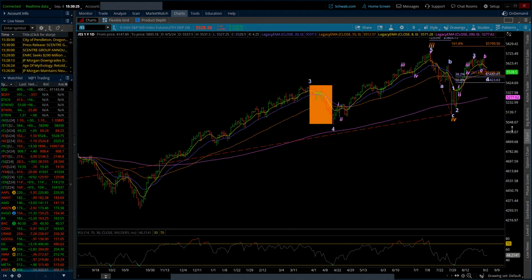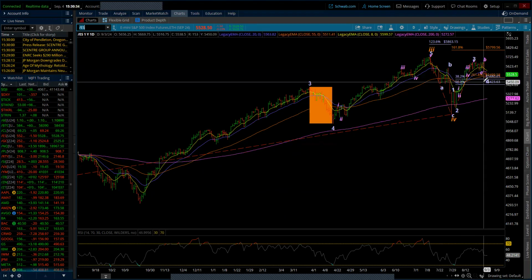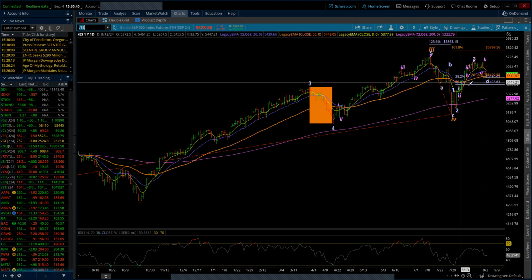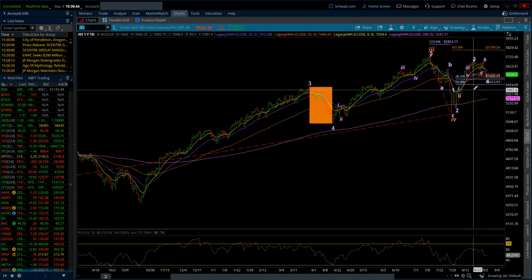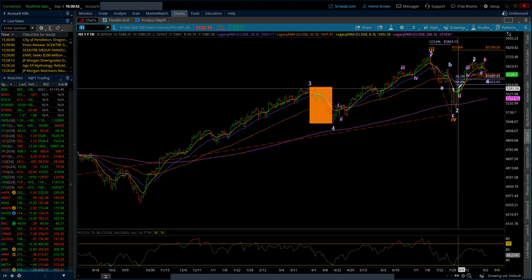S&P I've left as the other count because its decline was not as heavy duty as, I mean, it was yesterday. 2% is 2%. But it still has not even come down to the 50% level in the 4th wave. So I'm leaving it here. Doesn't mean it won't. Please don't misunderstand. Doesn't mean it won't. But I'm just showing the other count.